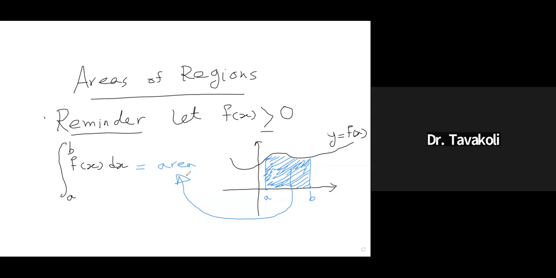But here we want to find the area bounded by two functions, or the area of the region that is defined by two functions. For example, suppose I have say the graph of f of x looks like this, y equals f of x. And let me use a different color.